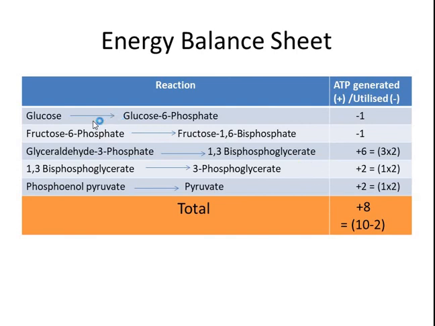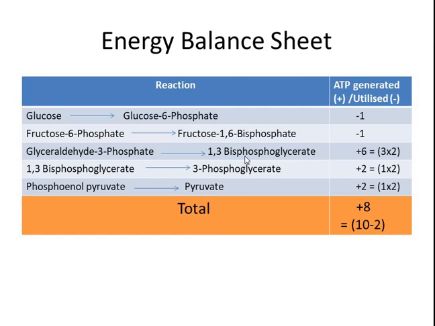Friends, in the first step of glycolysis, glucose is converted into glucose-6-phosphate where one molecule of ATP is utilized. Similarly, in the third step, fructose 6-phosphate is converted into fructose 1,6-bisphosphate by utilizing one molecule of ATP. In this way, two molecules of ATP are utilized in the preparatory phase. In step number 6, glyceraldehyde-3-phosphate is converted into 1,3-bisphosphoglycerate with net production of NADH.